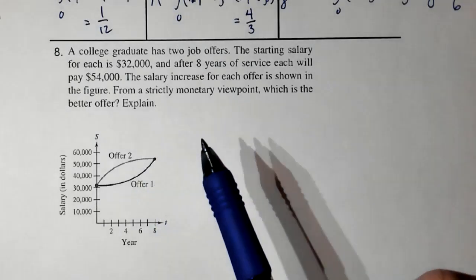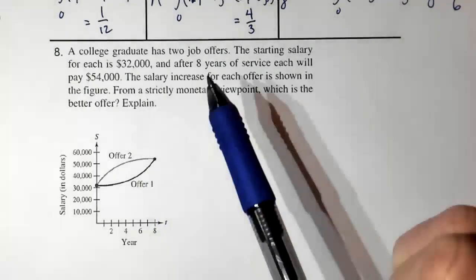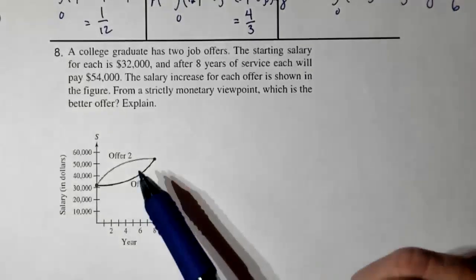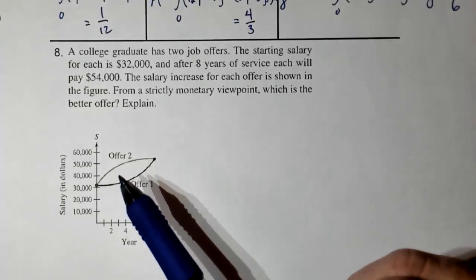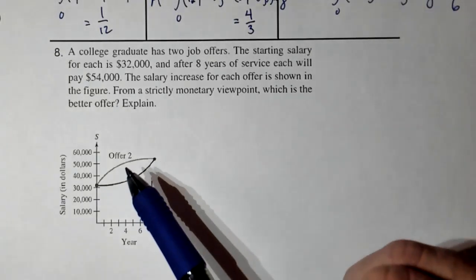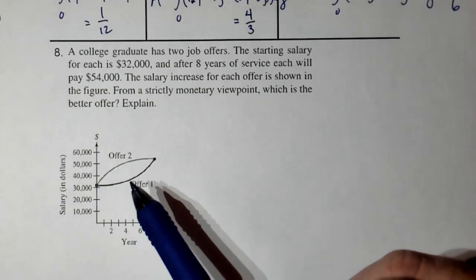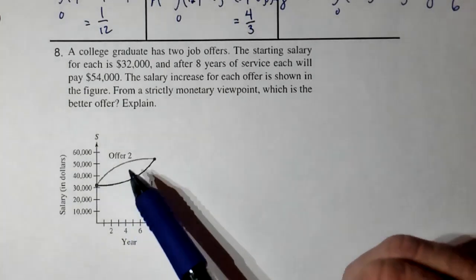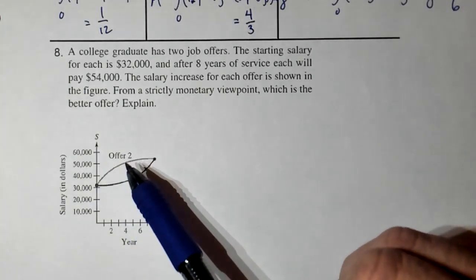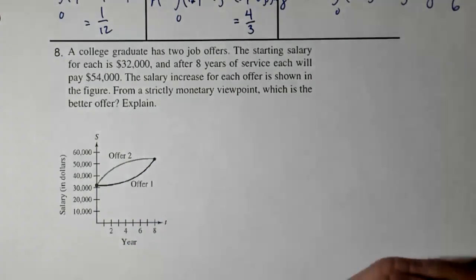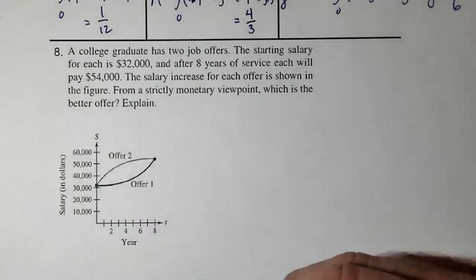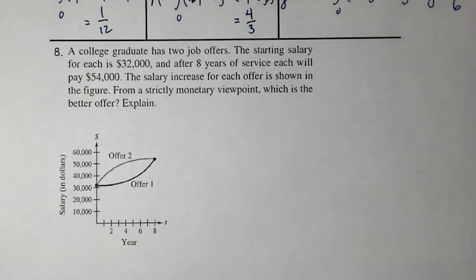But looking strictly at the monetary aspect, you've accumulated more money with the second offer than with the first offer. So because of that, we are going to say that offer 2 is the better offer from the monetary viewpoint, because you have accumulated more money over that 8-year period.